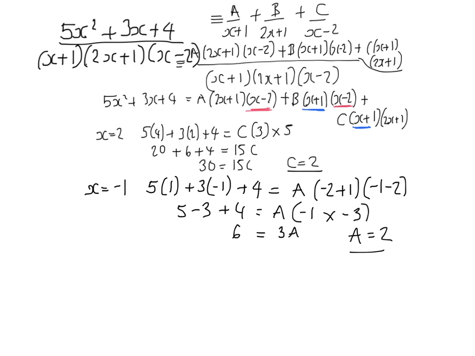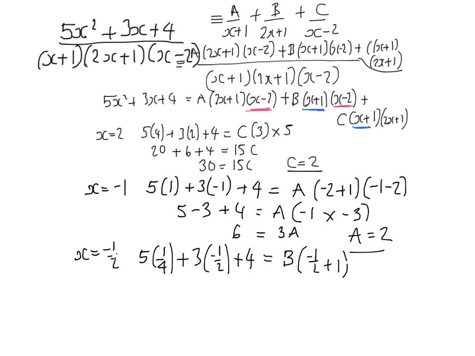So the last one we need to do is to make the remaining bracket equal to 0. So for that we need to make x is minus a half. So on the left-hand side, we've got 5 lots of minus a half squared is a quarter, plus 3 lots of minus a half, plus 4. And that's going to be equal to, this time it's the b term that isn't 0, so b lots of minus a half plus 1, and minus a half minus 2.